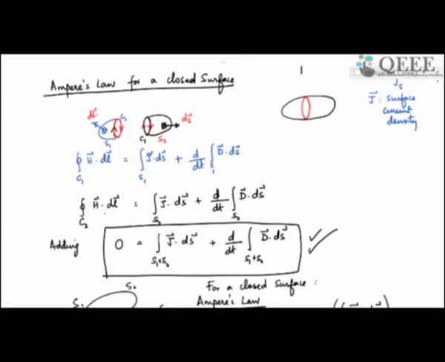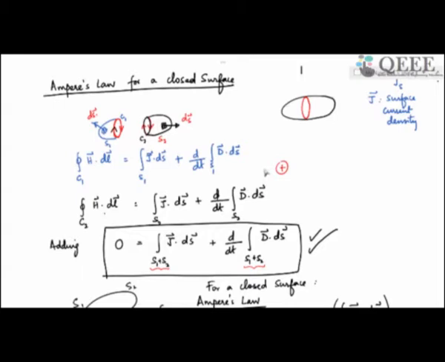And now I wanted to find out what is the Ampere's law for the complete surface. I know that the complete surface I can find by joining both these surfaces. That is why right hand side I simply join S1 plus S2 and form the complete surface.